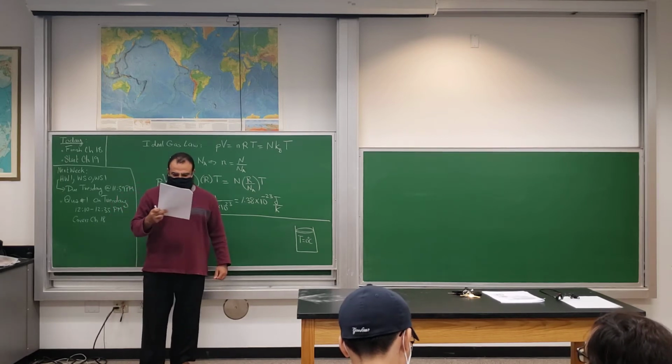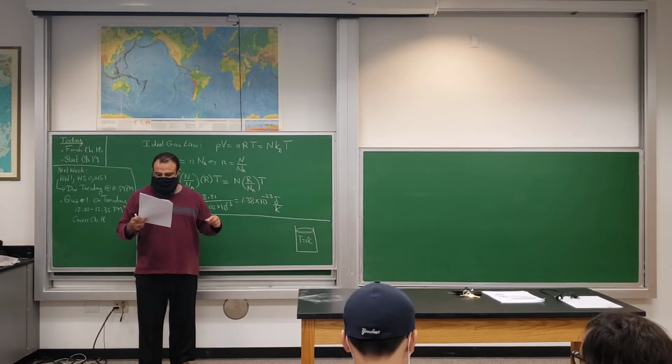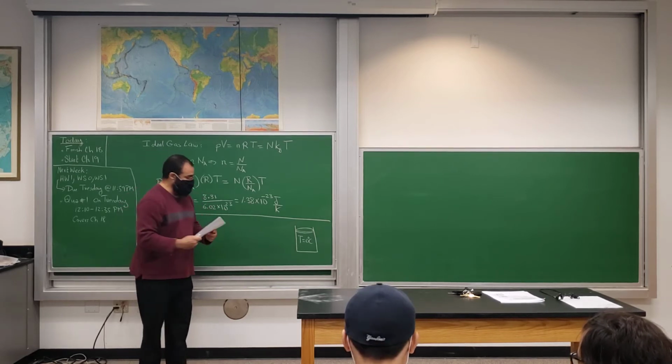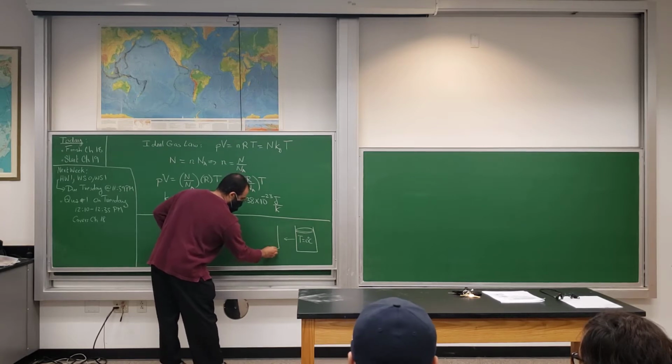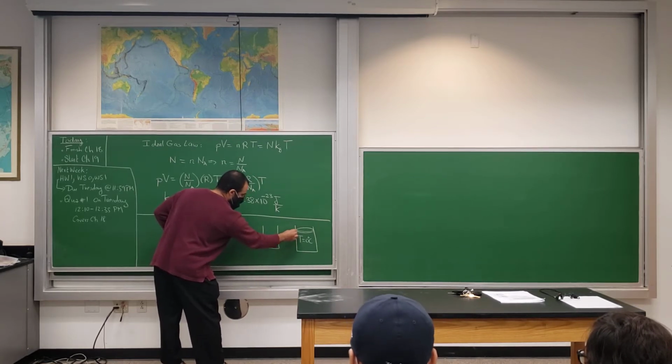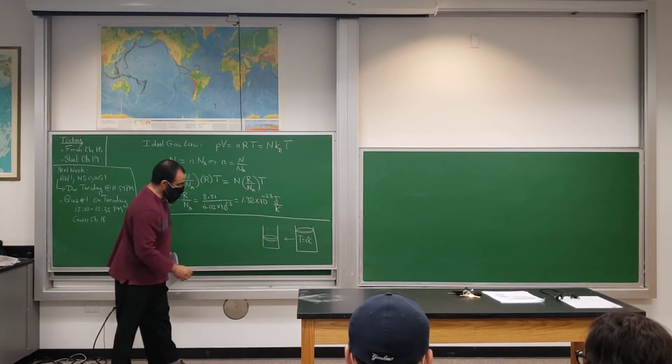And what we do is we compress the gas. We press it so that the volume becomes half of what it used to be. So the piston used to be here, and now it's here. Compress it.